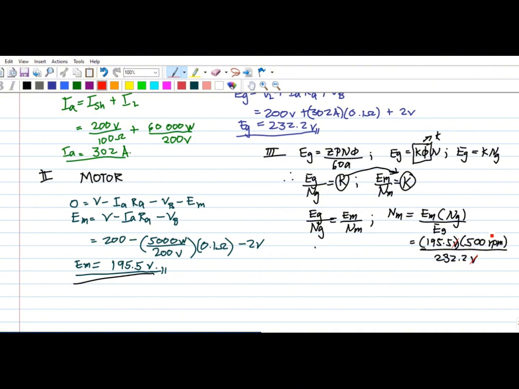What remains is the RPM. So we have N_M is equal to 421 RPM.